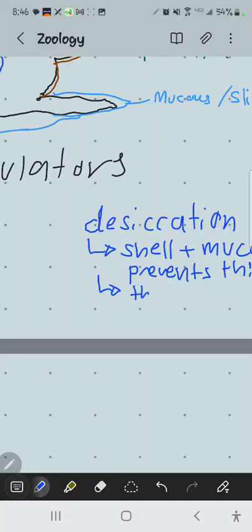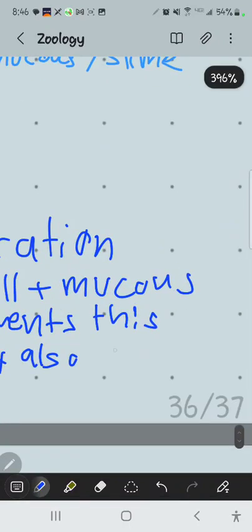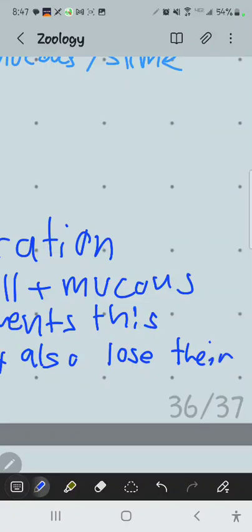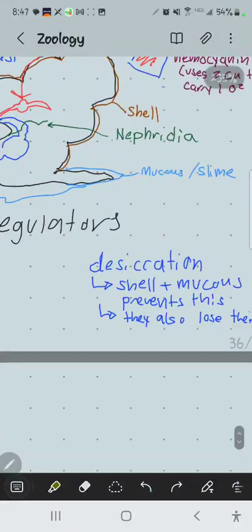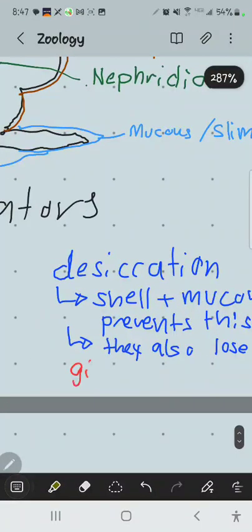And now what they have is, say for example, like the banana slug example I gave, our banana slug, something like this, okay? Now what they have is a lung cavity.